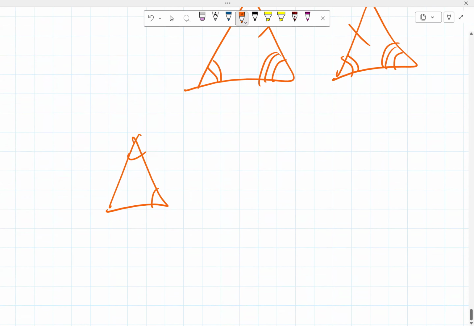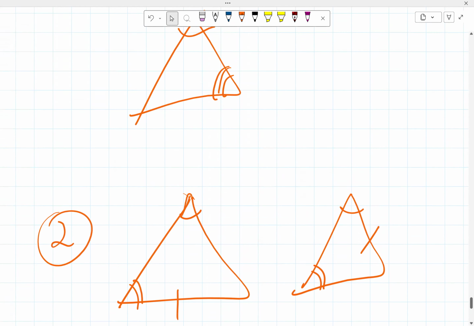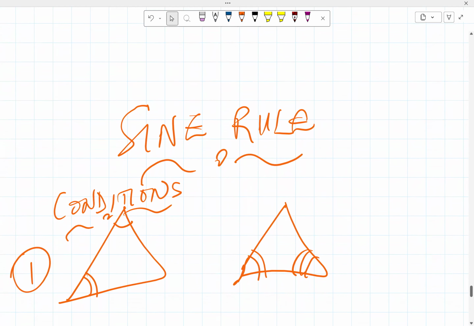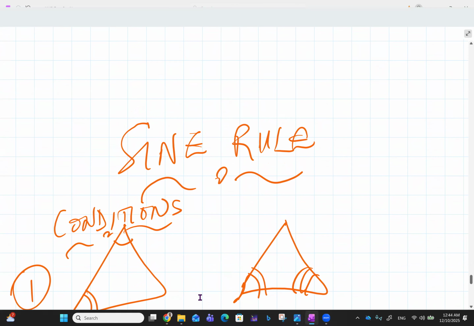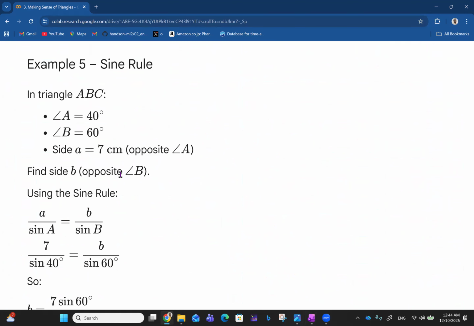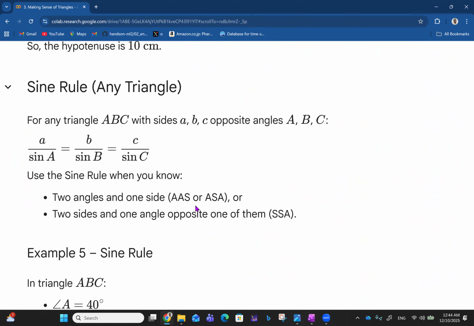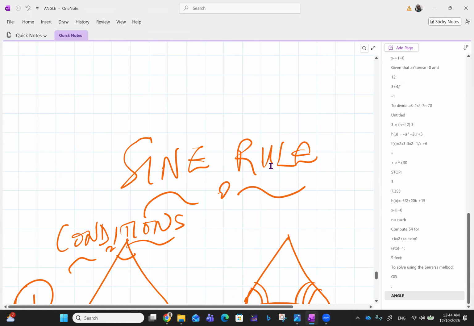This and this, and this side, or this and this side. So with two known angles, this one is called AAS. Here we have angle side angle, or angle angle side. Those are the conditions under which you use sine rule.